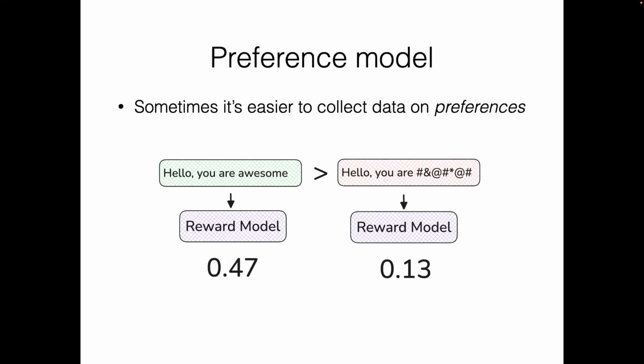So another thing you could try to do is just collect preference data. This is basically saying that maybe it's difficult to assign some number to how good an output is. Is it a 4 out of 5? Is it a 2 out of 5? I don't really know.